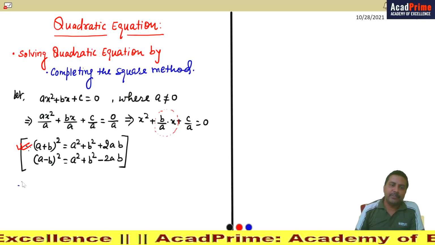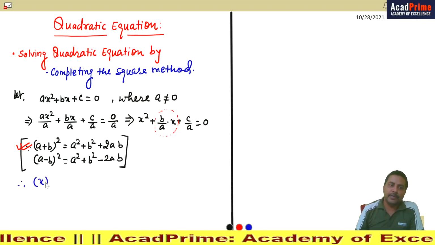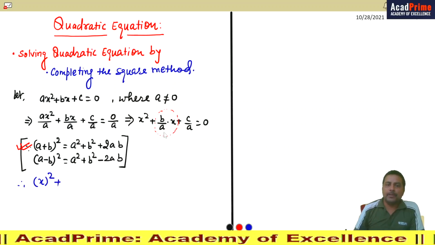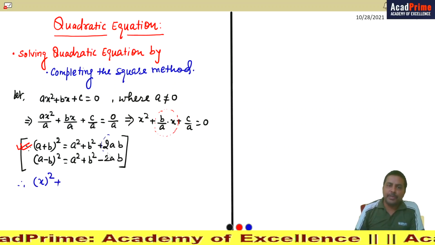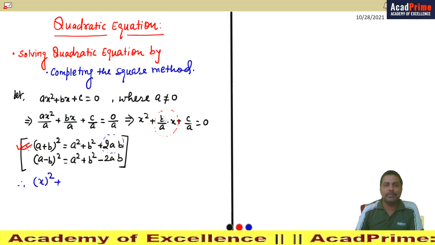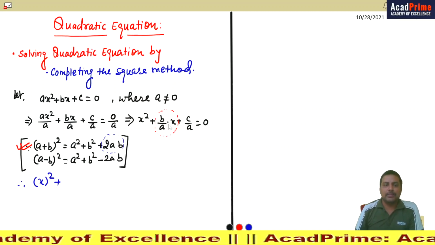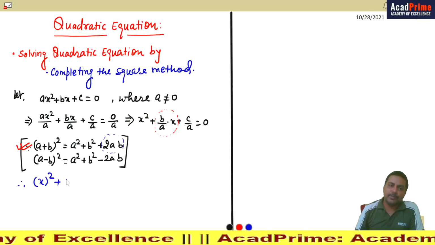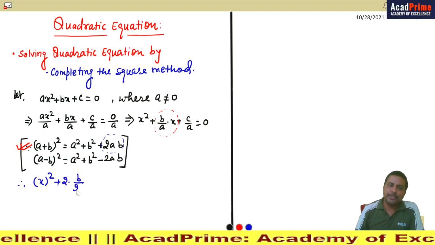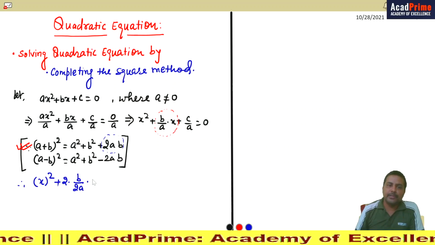Okay, therefore it would be x square plus, it should be 2ab. So here 2 is not given with this ab term, so I'm just multiplying it by 2 and writing it as b by 2a, okay, into x.